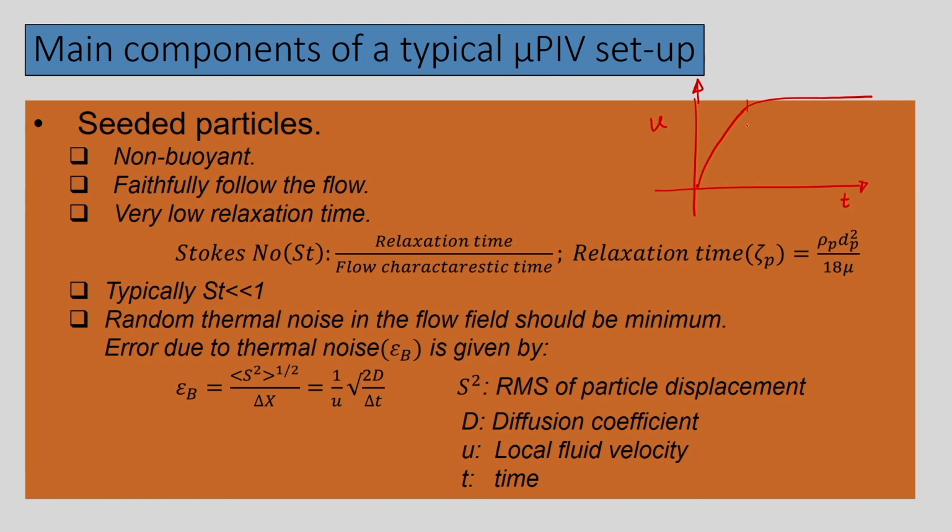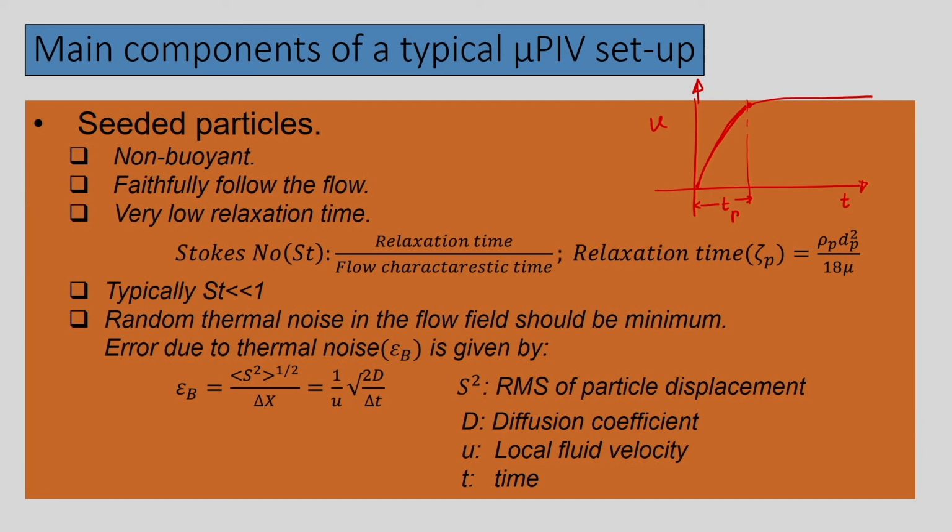So, if I say this time t r, if this is the velocity of the liquid that is set by the syringe pump, the particle velocity is initially 0, and the particle will take a finite time, which is of the order of nanosecond. This time, which is taken by the particle to move with the flow, is known as the relaxation time.